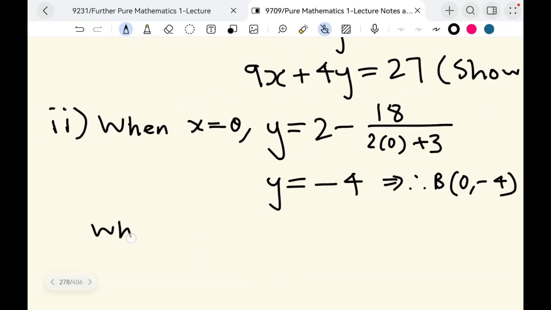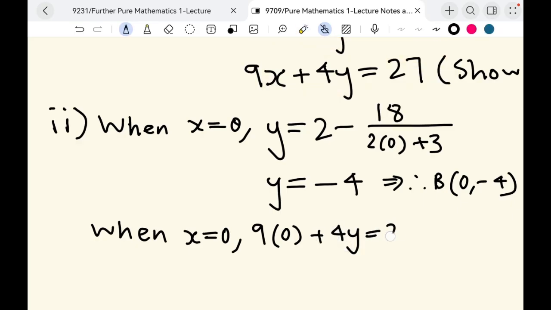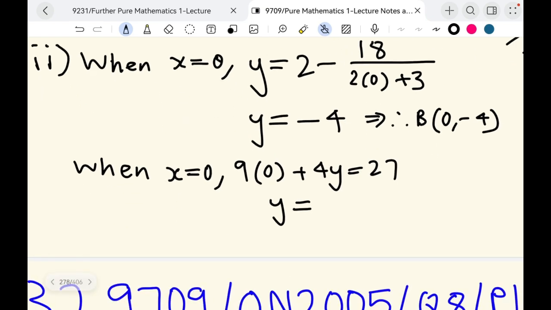And now for the normal line, the y coordinate is positive 27/4.